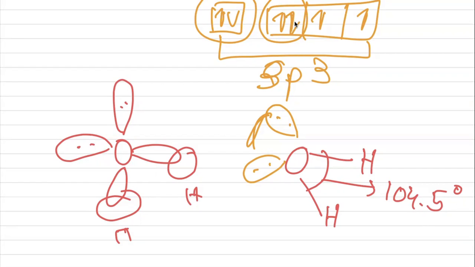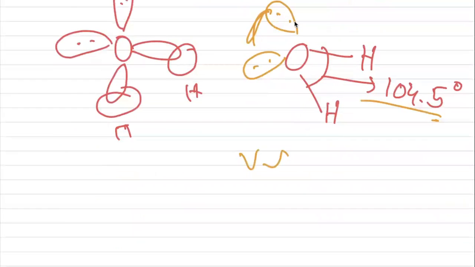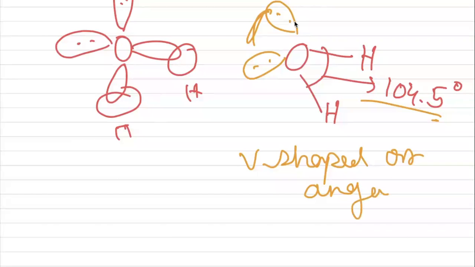The bond angle decreases to 104.5 degrees, and it has a V-shaped or angular structure. Understood?